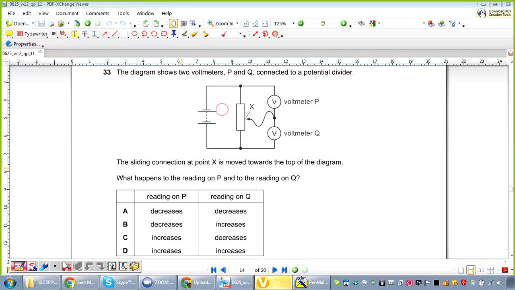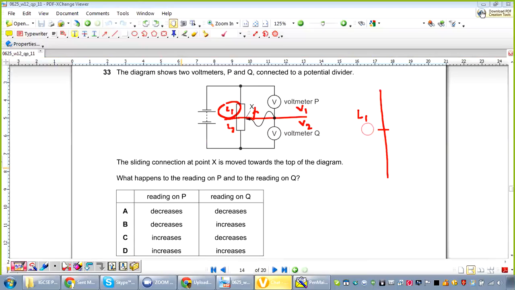Now, as per potential divider circuit, you can hear me, no? Yes, sir. Okay, this is L1, this is L2. So in this ratio of lengths, the voltages V1 and V2 will be divided. If I'm taking this up, this L1, am I increasing or decreasing? Suppose this is the length.